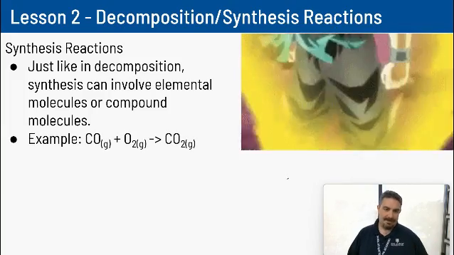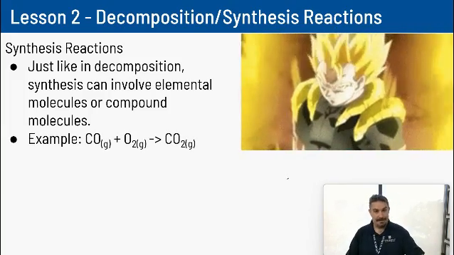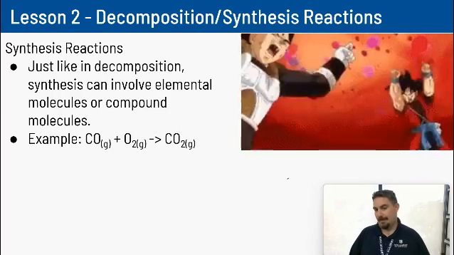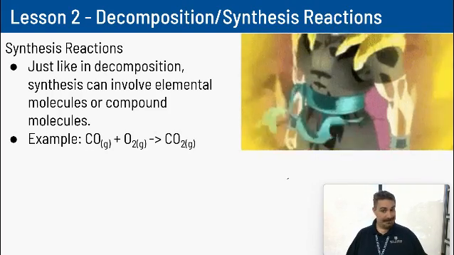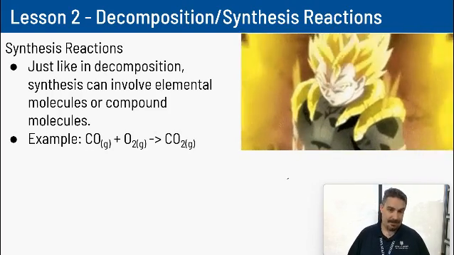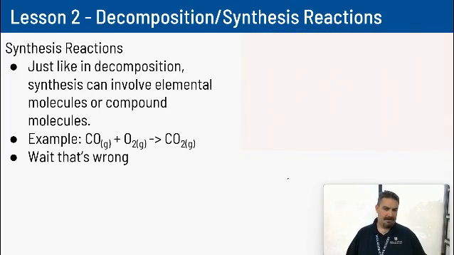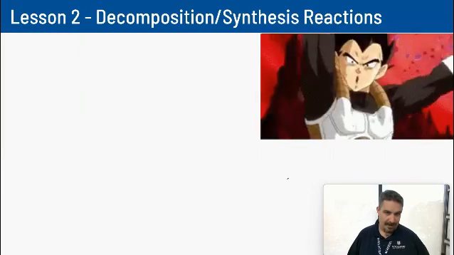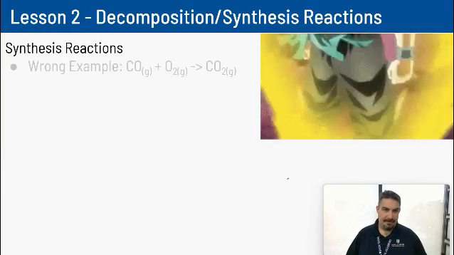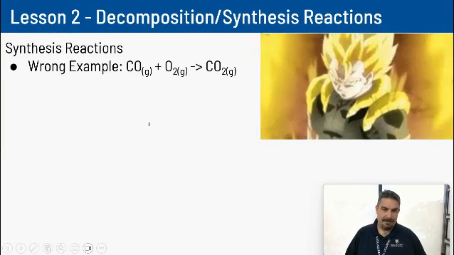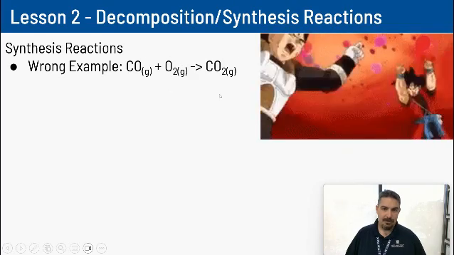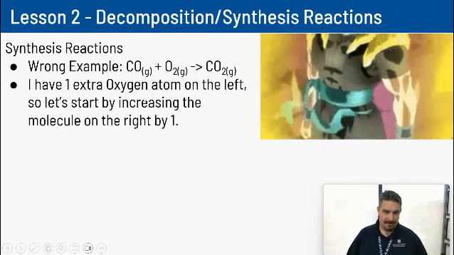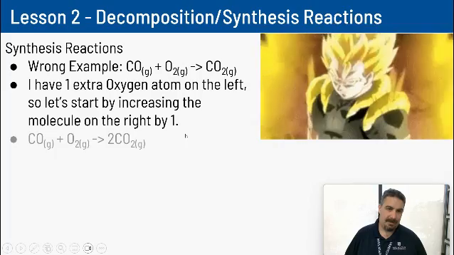Another example here is carbon monoxide, CO, plus pure oxygen, O2, forms CO2, or carbon dioxide. But this does seem a little wrong, right? Because there's currently 3 oxygens. So in this wrong example, you can see there's 3 oxygen on the left and 2 on the right. So we've got to do something different. There's 1 extra oxygen. We're going to increase 1 on the right.